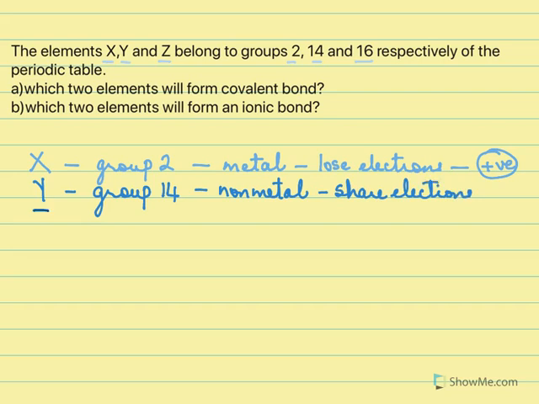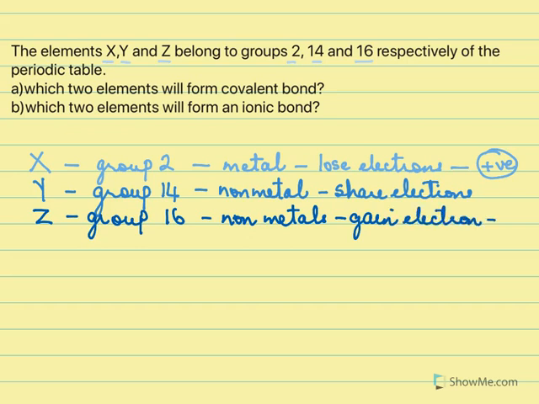Then we have Z, which belongs to group 16. Group 16 are non-metals. Non-metals gain electrons, and if they gain electrons, they will be negative ions.